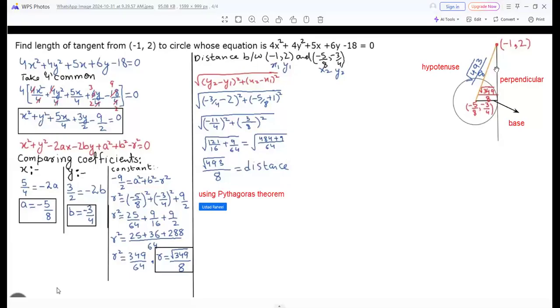the Pythagoras theorem. We know what the Pythagoras theorem is: hypotenuse square equals perpendicular square plus base square.